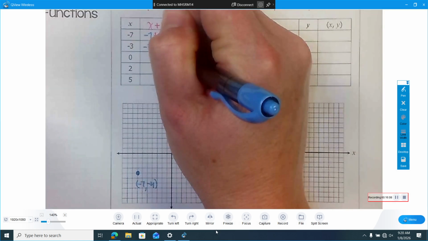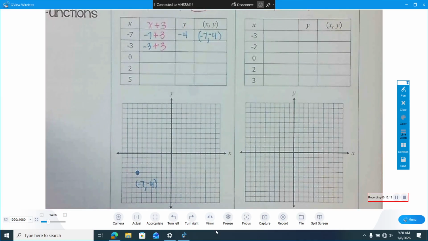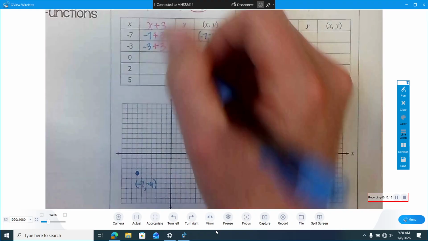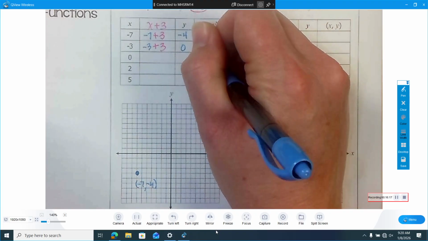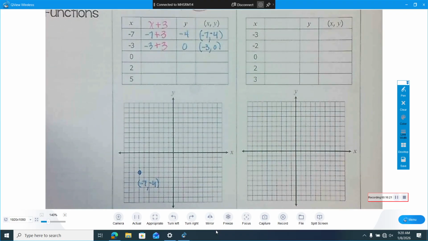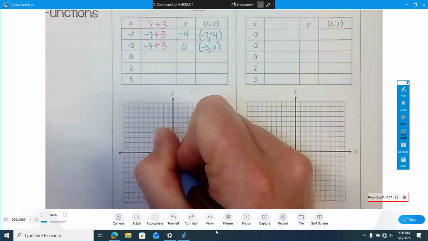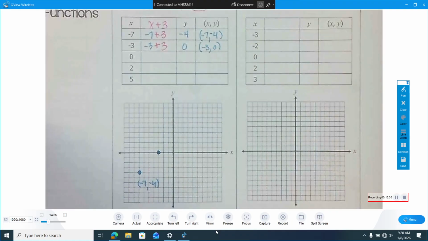So I have a -3 instead of the x. -3 plus 3, what is -3 plus 3? 0. And so I have an ordered pair, -3, 0. How do I graph -3, 0? Left 3 and up or down nothing. So there's -3, 0. Beautiful.